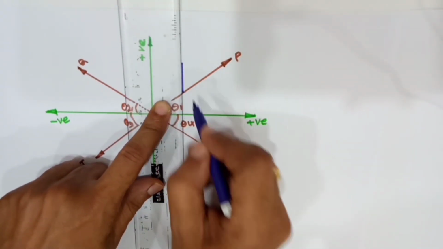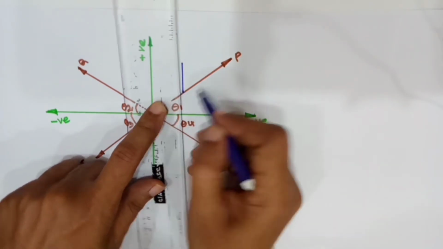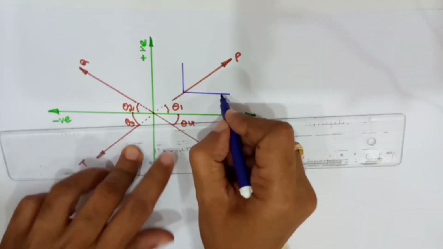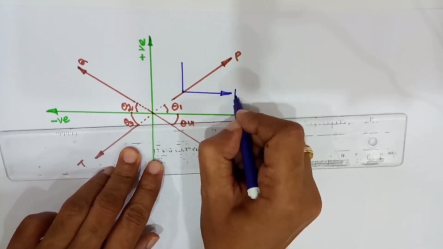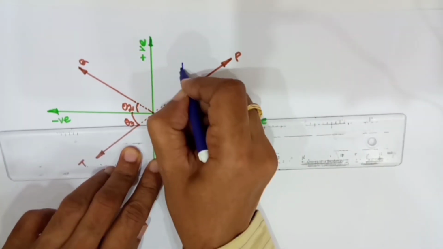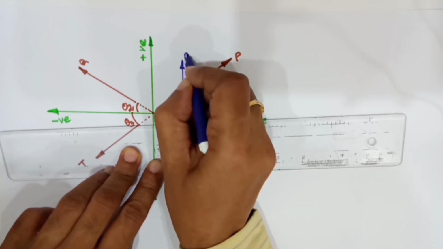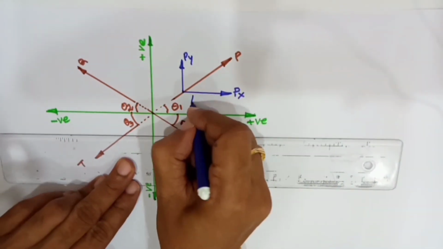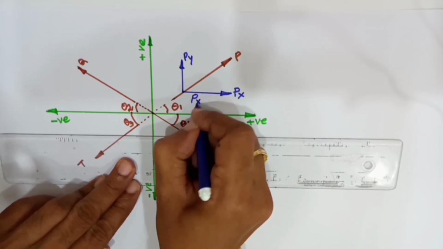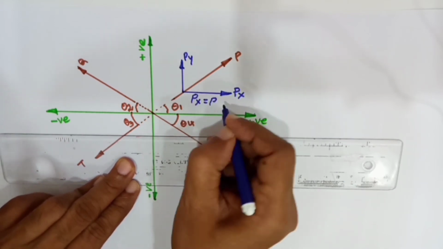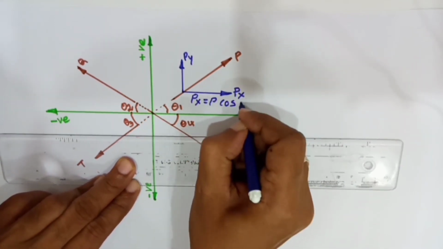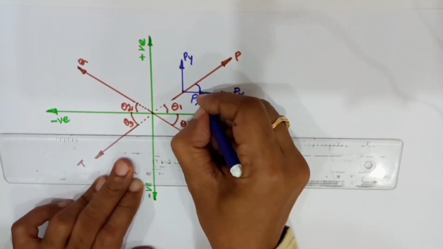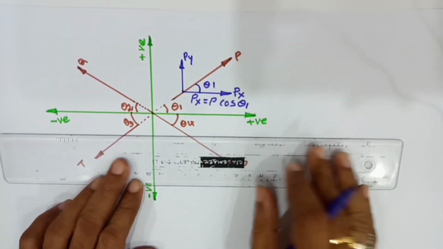For P, horizontal as well as vertical, say this is Px and this is Py. Px is equal to P cos theta 1, as this is making an angle theta 1, and Py is equal to P sin theta 1. Both Px as well as Py are positive.